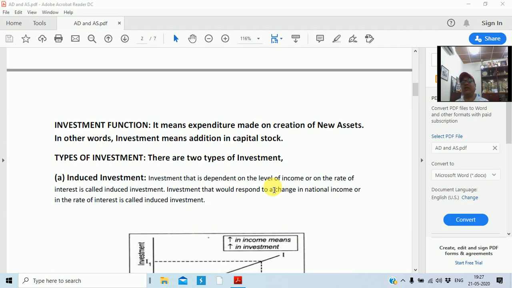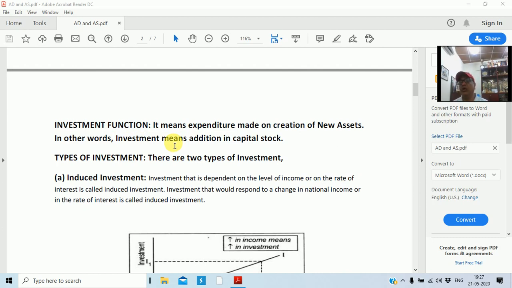First we started with the consumption function in this unit, then the saving function. Now the relation is done. Now moving to the third variable, which is very important, the investment function. Now what is investment? Investment means if you develop capital goods, that is called investment.